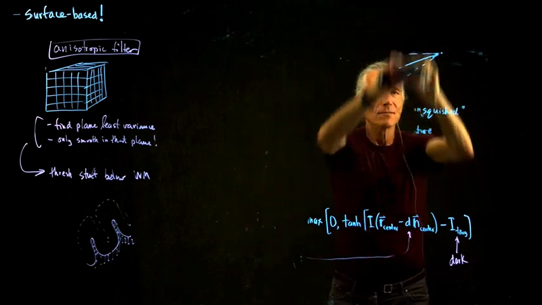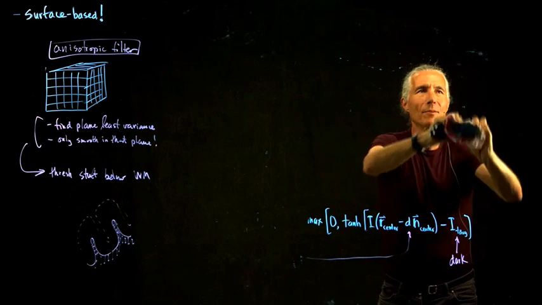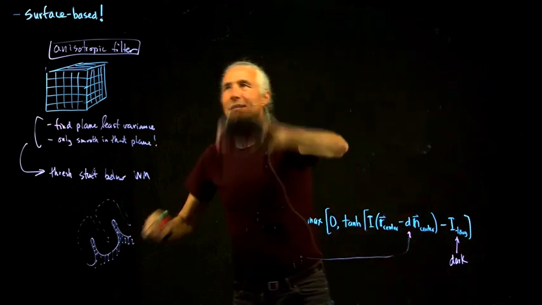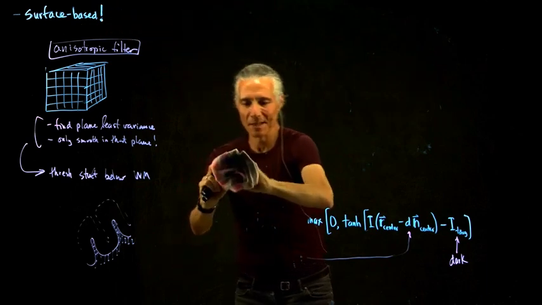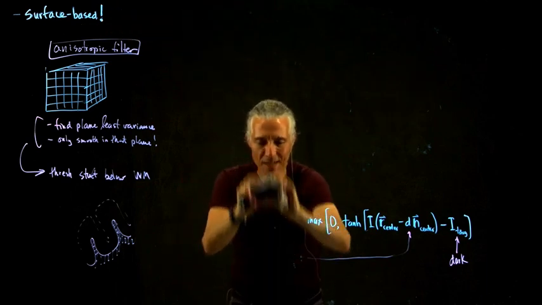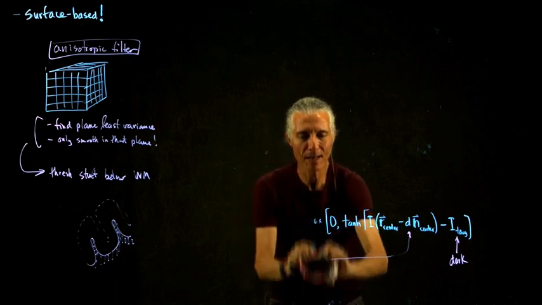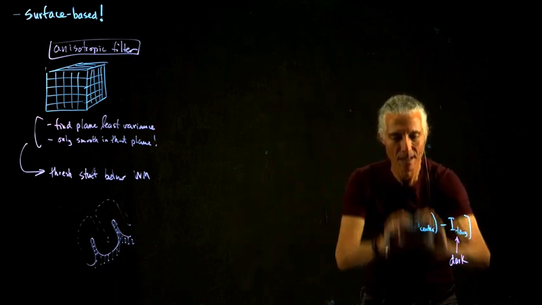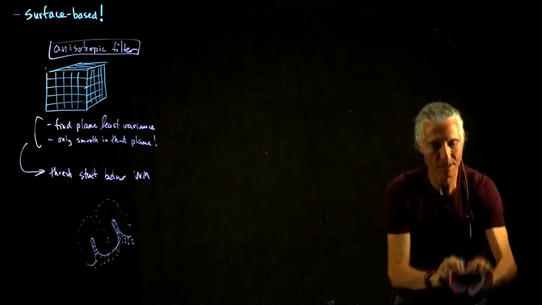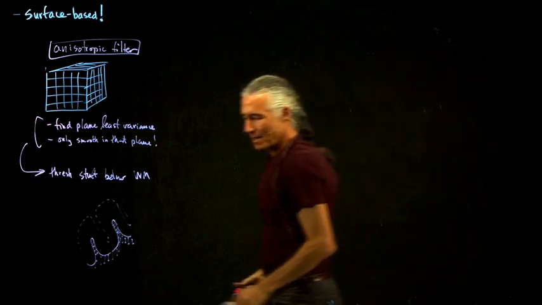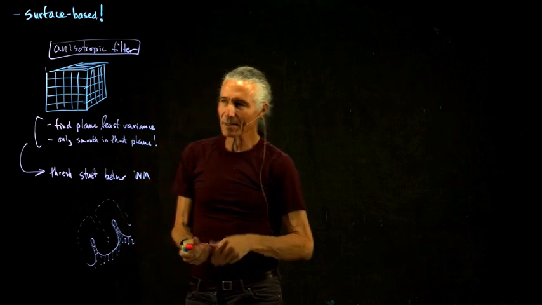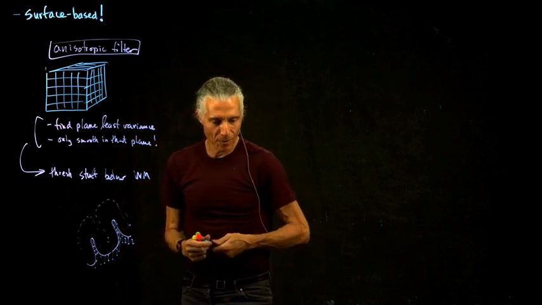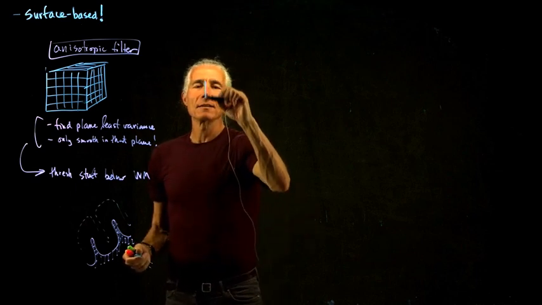If you've ever used Photoshop or a drawing program, you have a little paint bucket, from the 80s. You just click on something, and it fills up any voxels that are a similar color, so you can select a connected region. You can do that in 3D. It's a little more complicated.